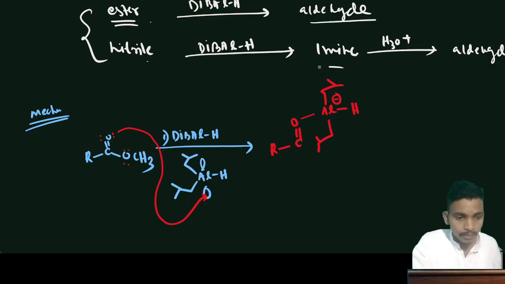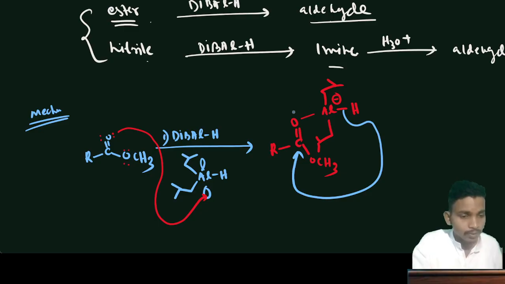And here we have the CH3 group. Now this carbon is also getting a delta positive charge, because the lone pair electrons have gone toward aluminum, so it will get a positive charge.